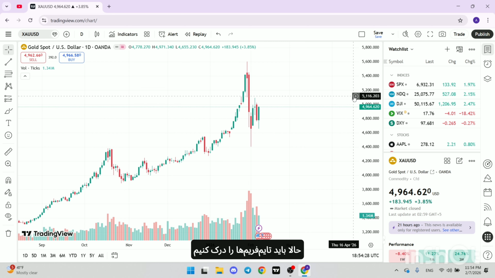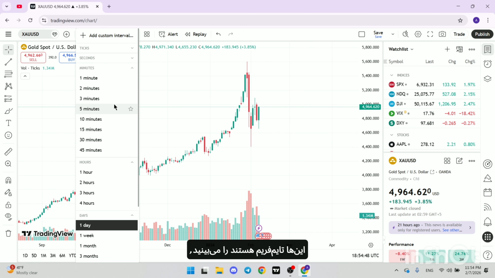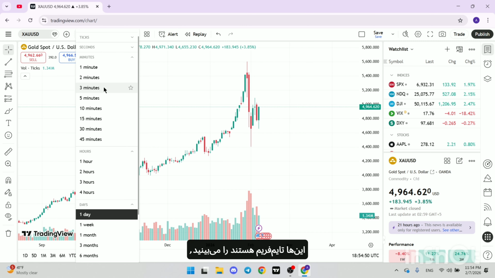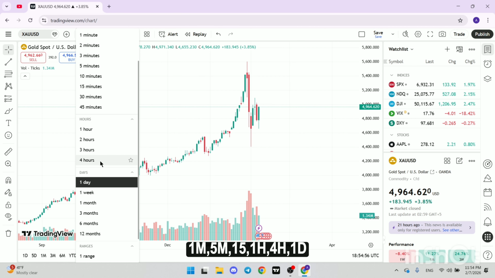Next, we need to understand time frames. At the top of the chart, you will see numbers like 1 minute, 5 minutes, 15 minutes, 1H, 4H, and 1D.